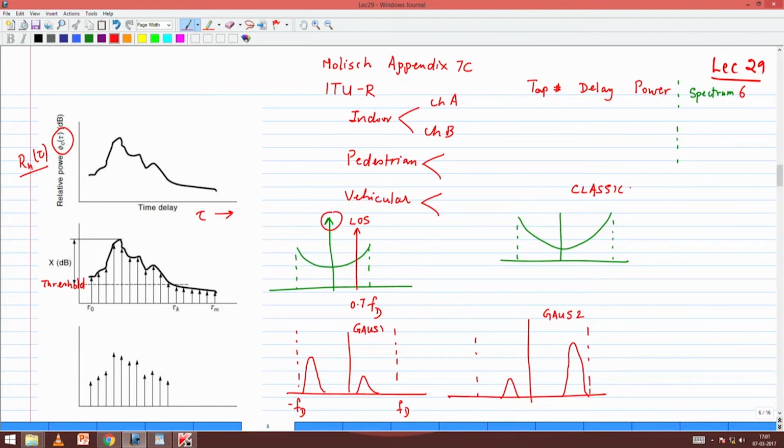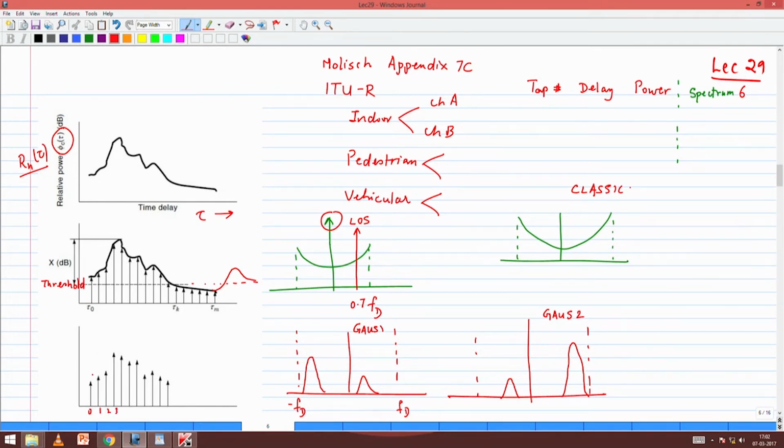But if another portion of the power delay profile comes up again, which can sometimes happen, you have to take that portion into account as well. Anything above the threshold, you have to take into account. You sample it based on your time resolution, and then you call these tap number 0, 1, 2, 3, and so on. That's how the channels are presented.